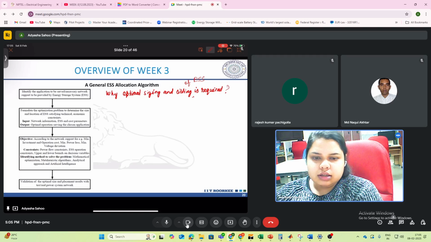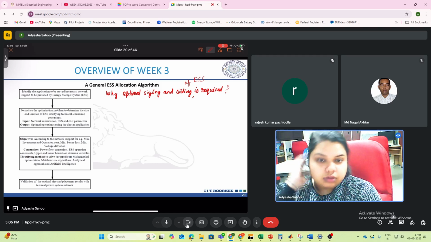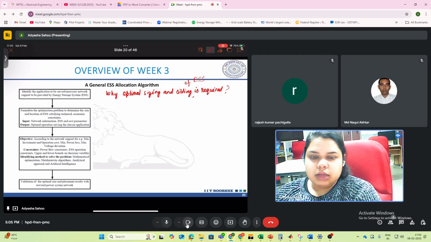Let's say there is a 30 bus system. You cannot install the energy storage at all 30 buses of the system. Firstly, such a capacity is not required, and secondly, such an amount of money is not with us. Maybe for the 30 bus system, installation of one or two energy storage systems is sufficient.